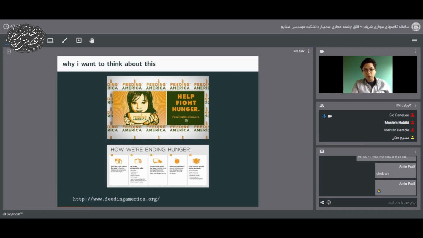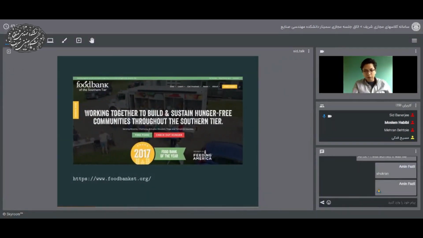But even at the more local level, there are these food banks which are the next level in this process. I work at Cornell University, which is in an area of upstate New York called the Southern Tier. This is the area close to the border with Canada, and the local food bank in this region is called the Food Bank of the Southern Tier, and this is an organization we've been working a lot with over the last many years.